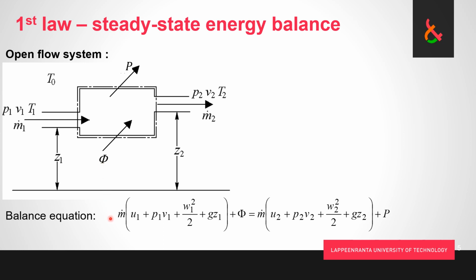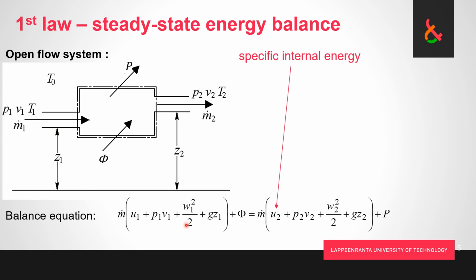So we just write an equation that says that everything going in must equal everything going out. What goes in is this mass flow rate in times all the types of energy that the mass flow rate brings with it, plus the phi, Greek letter phi, with which we mark the heat rate. And what goes out? Everything that mass flow rate 2 brings with it, plus the power which is going out from the system boundary.